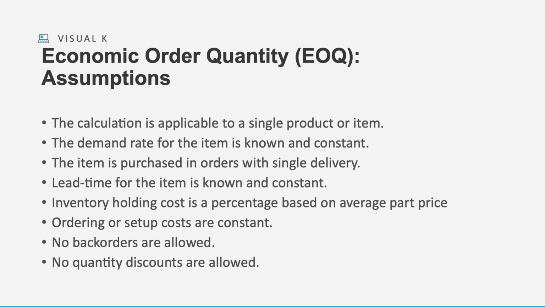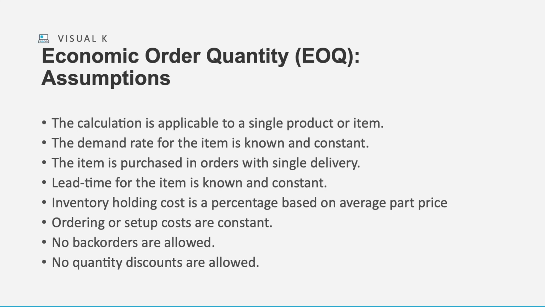The holding cost, right? It's a percentage based on the average price. So, for example, an item with an average part price of, I don't know, maybe 100, you might look at that as a 5% holding cost, having that item just sitting in your inventory with no actual movement of it.